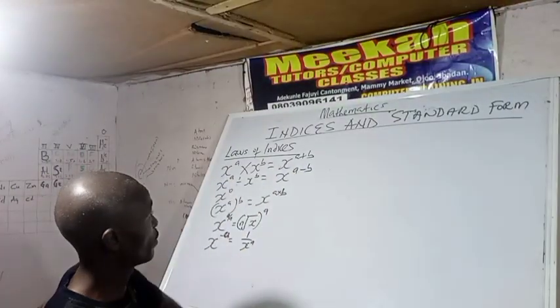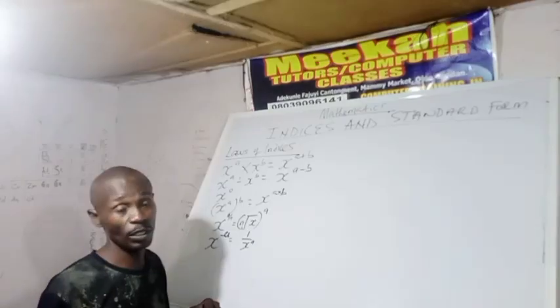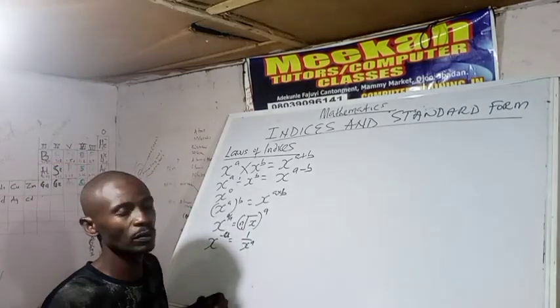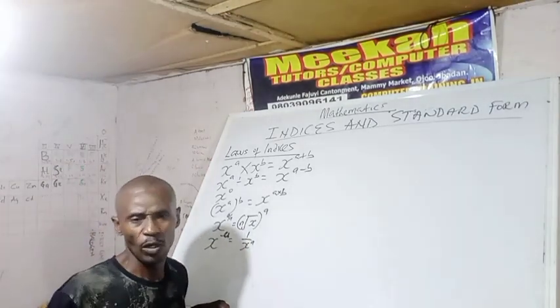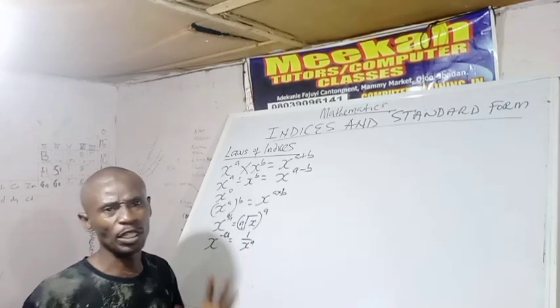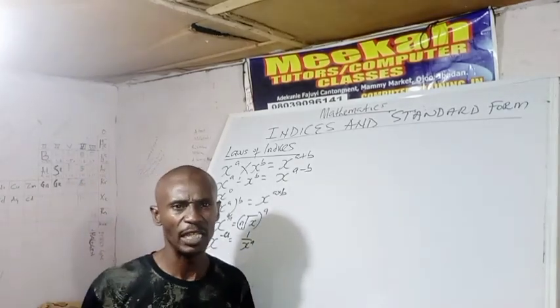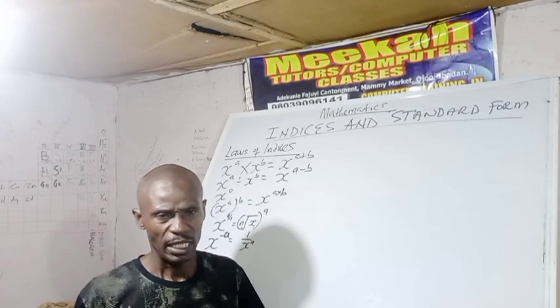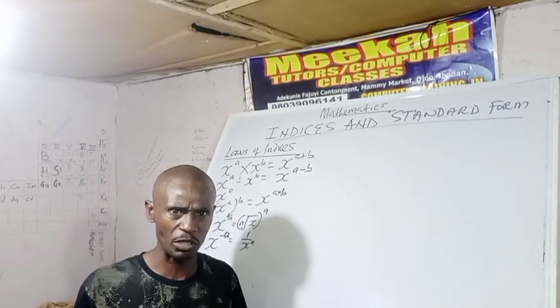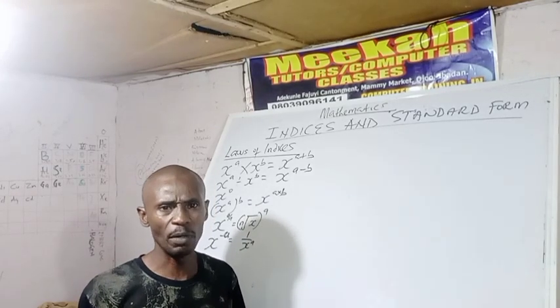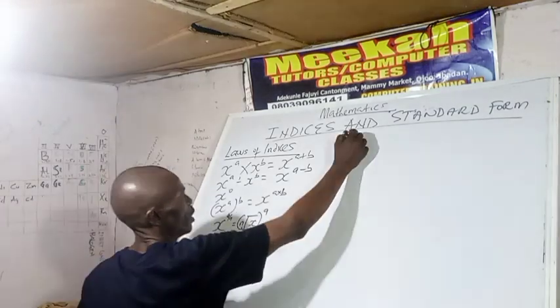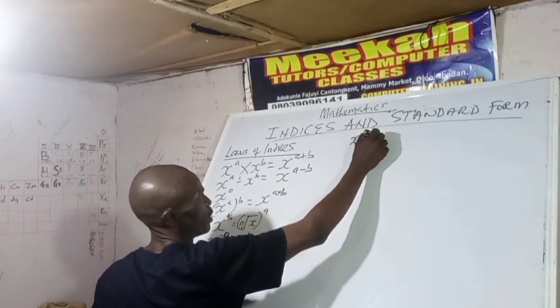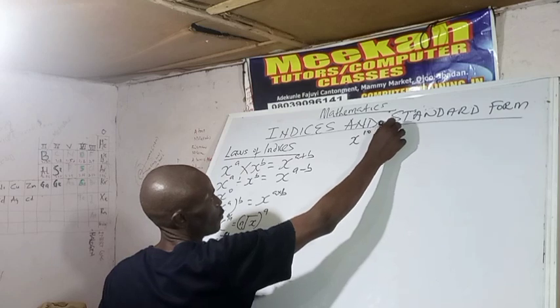Let's move on. We're still moving to indices and standard form. You see, when we talk of indices, we are talking of those mathematical representations in exponential form. In other words, you say raised to power. It could be a number. Maybe you have x raised to power 10, 10 raised to power 4.